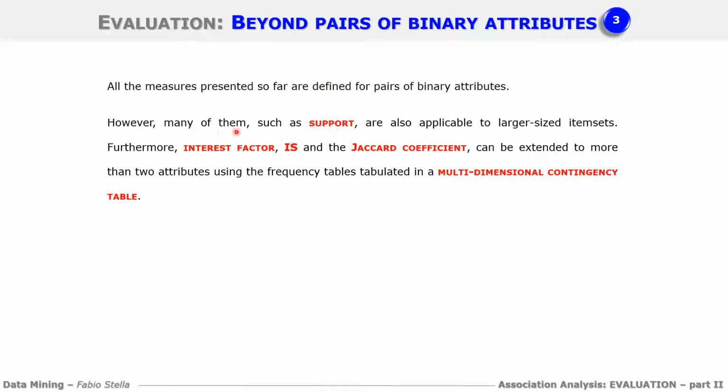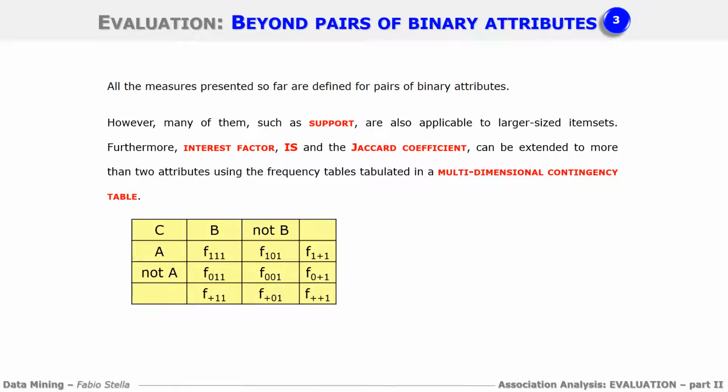All the measures presented so far are defined for pairs of binary attributes. However, many of such measures, such as support, are also applicable to larger sized item sets. Furthermore, interest factor, IS measure, and the Jaccard coefficient can be extended to more than two attributes using the frequency counts tabulated in a multidimensional contingency table, as those reported hereafter.